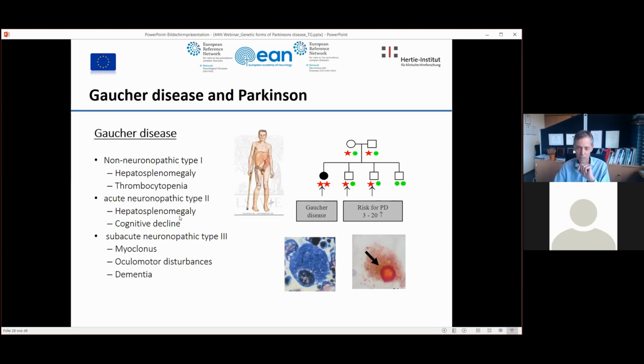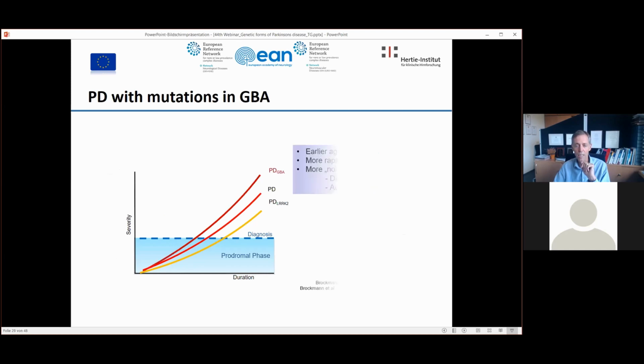And as you could just see in the video, these GBA mutation carriers have a more rapid progression. They have earlier dementia. They have more autonomic symptoms than the average Parkinson patient, and also compared to the LRRK2 Parkinson patients, which tend to have a somewhat milder form of Parkinson's disease.